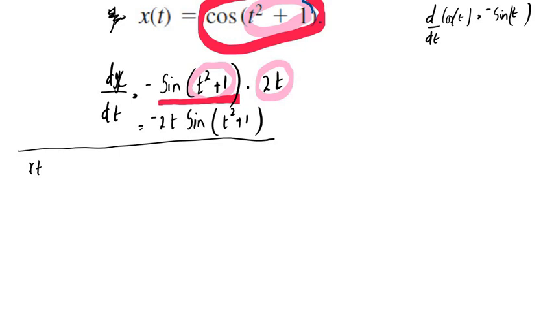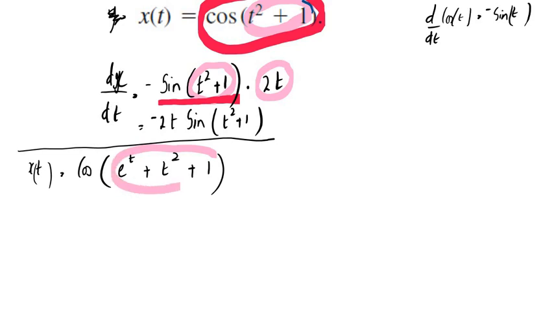Okay, so let's do another question, a similar question. So let's say x(t) is equal to cos of e to the power t plus t squared plus 1.